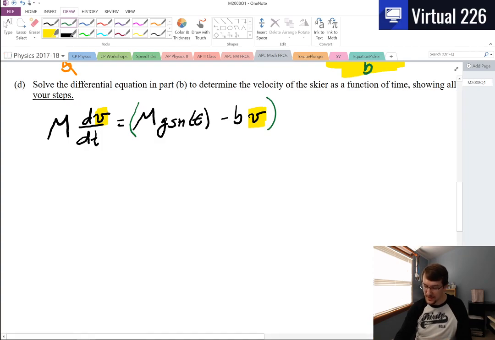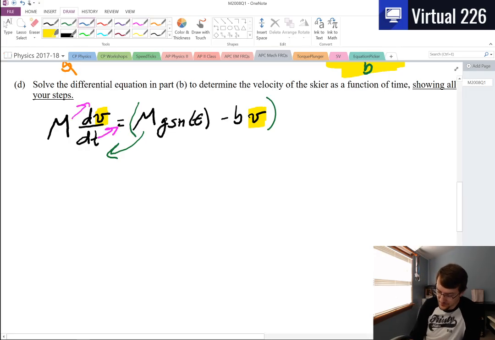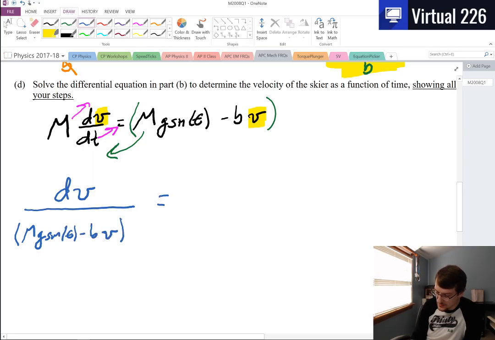I'm going to divide the mg sine theta minus bv over to the left side, and I'm going to multiply and bring over to the right side the dt and then divide by the m to bring that over. So the way this is going to look is I'm going to have my dv, divided by the entire ugly big term, mg sine theta minus bv, equals dt over m.